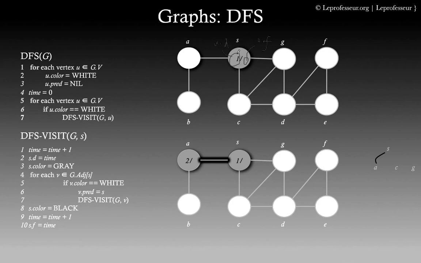Now for each v adjacent to this S, meaning C, A, and G, we're going to apply the same DFS visit procedure recursively. Simple. So see here, we don't need any extra storage like we needed in breadth first search. The algorithm is working recursively. Here the overhead would be stack size.